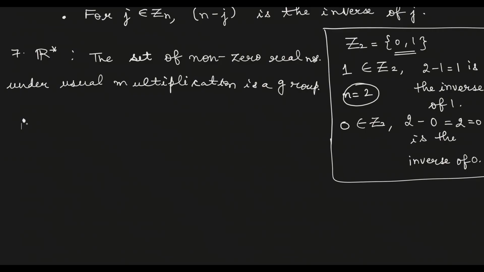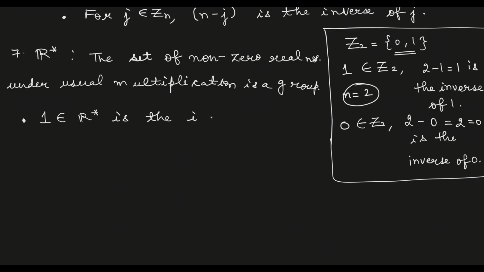Closure property will be satisfied, associative property will be satisfied. What will be the identity element here? One. Yes, 1 belongs to R star is the identity.